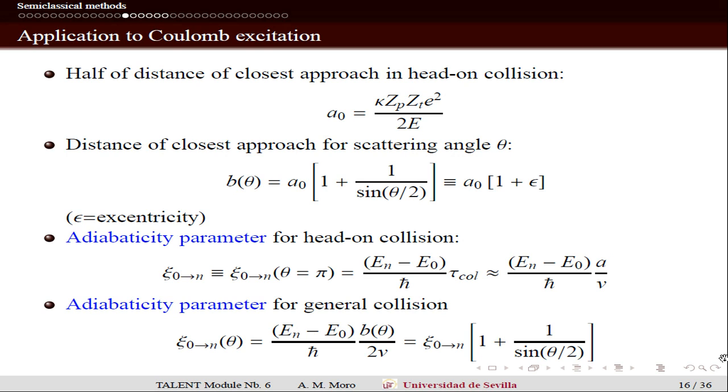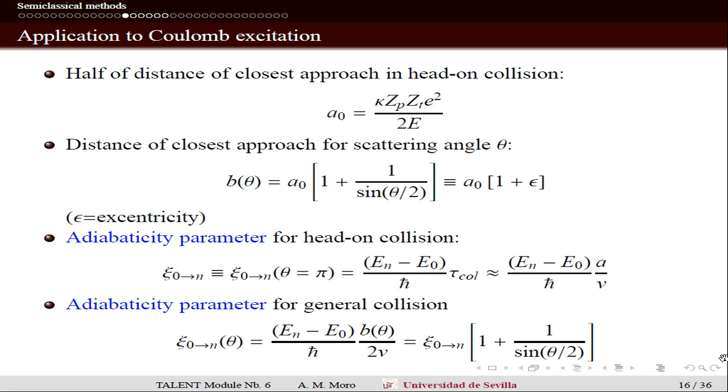So this was the general definition, and a possible estimate, a definition of this collision time in this context is the time obtained as the distance, this half of the distance of closest approach, A, divided by the velocity of the projectile. So this is a common definition of this collision time. So this is the adiabaticity parameter for head-on collisions.